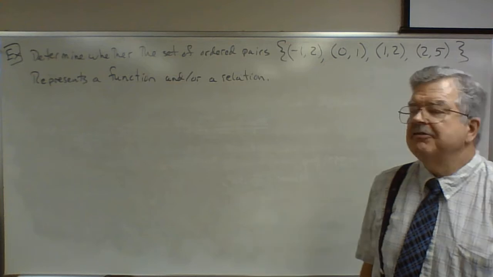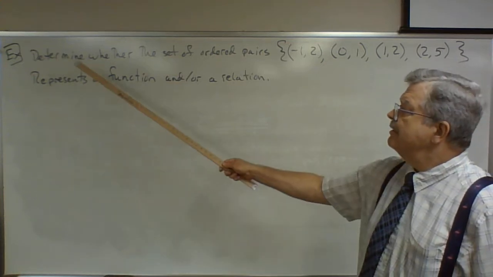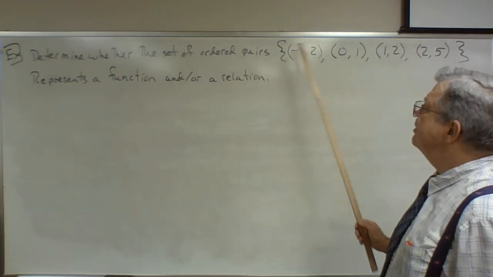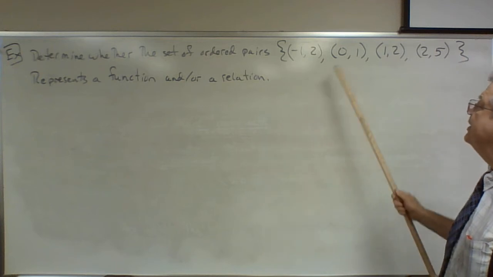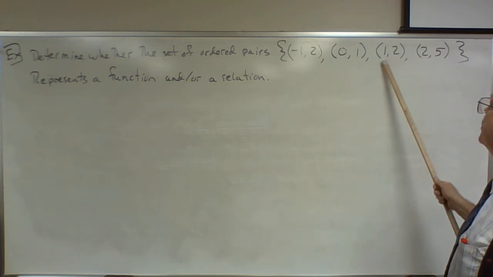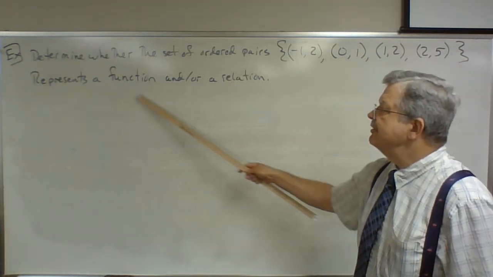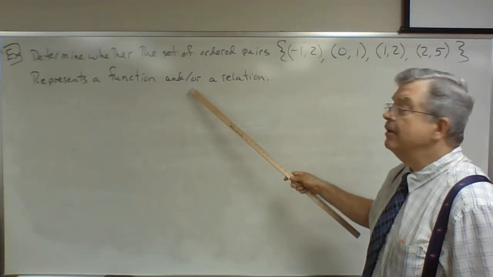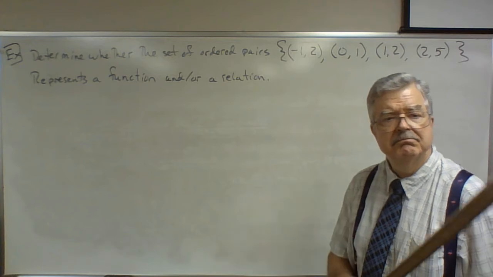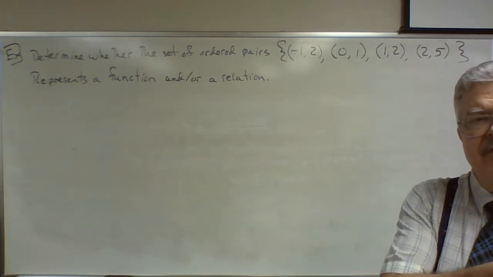Here's a nice little exercise. Determine whether the set of ordered pairs (-1, 2), (0, 1), (1, 2), (2, 5) represents a function and or a relation. So let's investigate that.